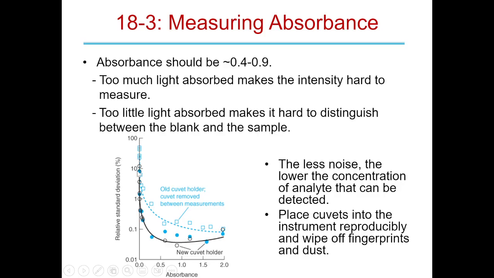Just like if you were to go on a balance and try to measure out 0.001 grams, you would get massive percent differences, because being off by 0.001 would be a disaster. You'd be 100% relative error.